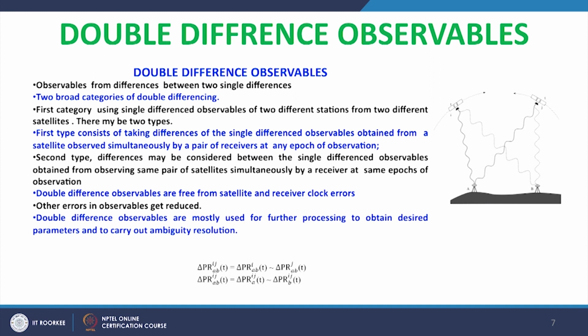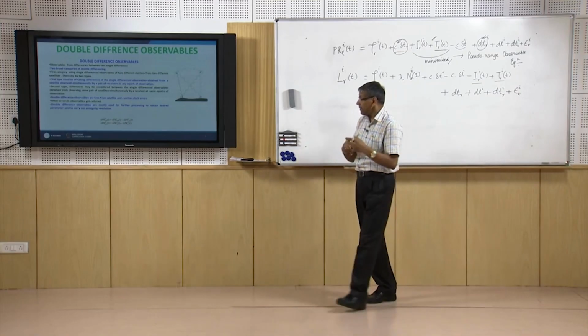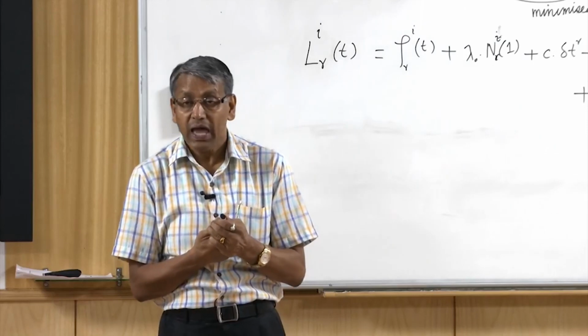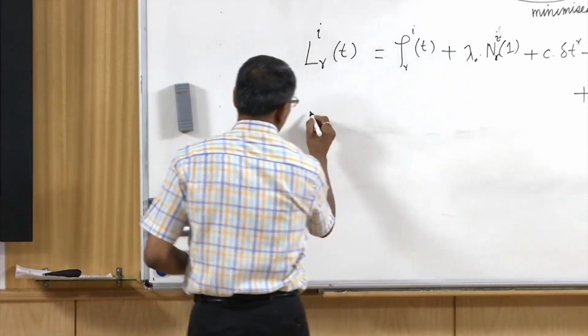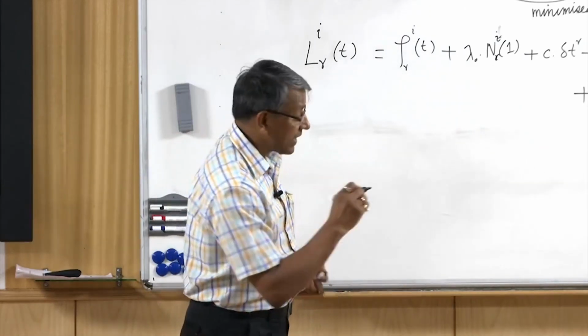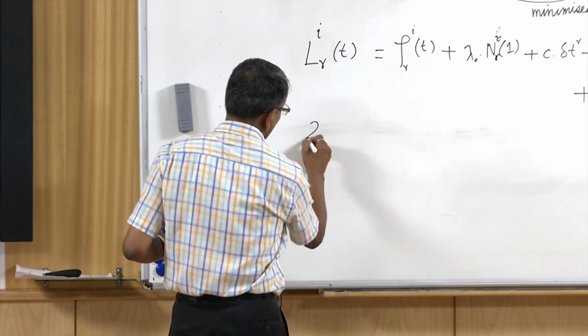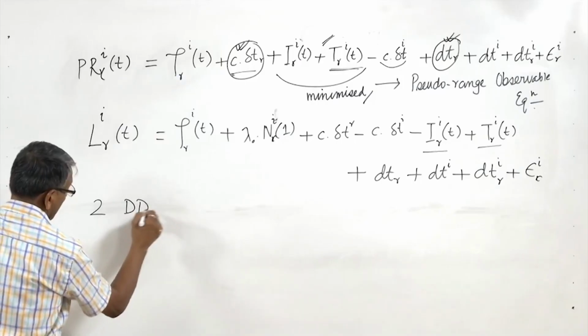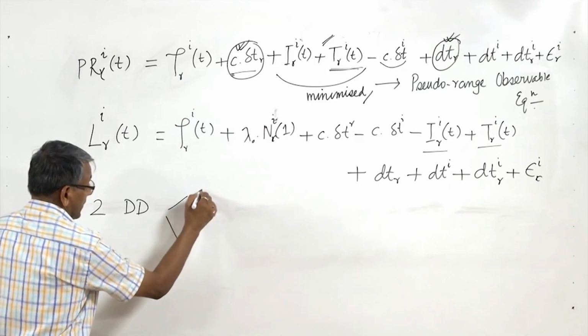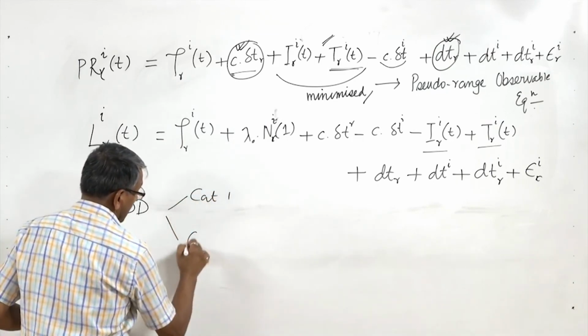Now there are three ways in which we can get the single difference. Similarly in case of double difference, out of the three cases we get two types of double difference, two categories, category 1 and category 2.